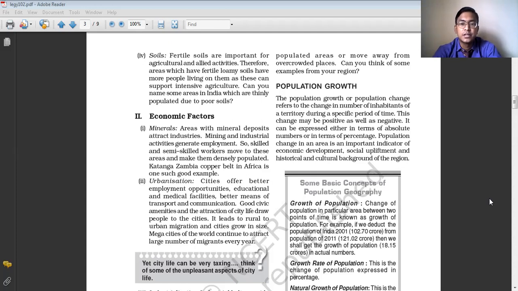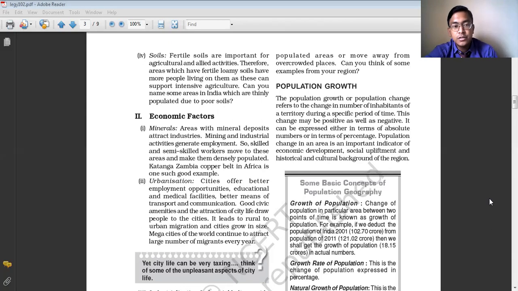See, population growth or population change refers to the change in the number of inhabitants of a territory during a specific period of time. Basically it refers to the change in the number of people living in a particular geographical area between two periods of time.